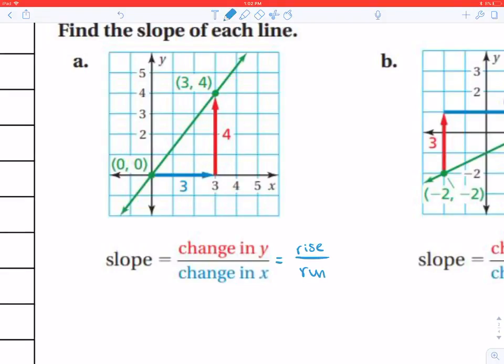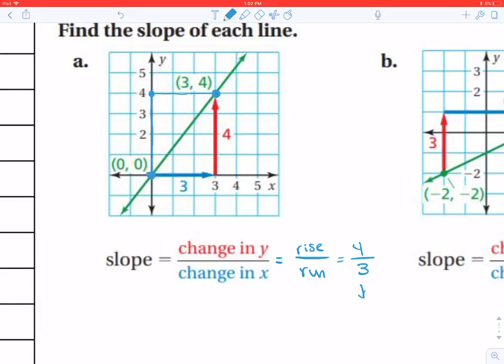Now we can see that if we start at point 0, 0 and we go to point 3, 4, to get the rise, we would move upward 1, 2, 3, 4 units. So we would say that the rise is equal to 4, while the run, or the horizontal change in x, is 1, 2, 3. And so we would say that the slope is 4 to 3, or 4/3.